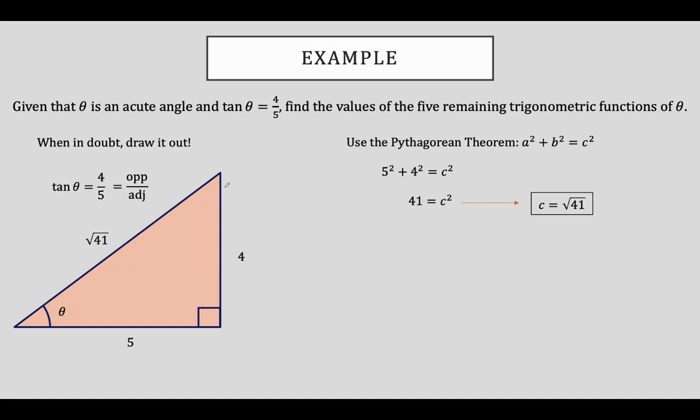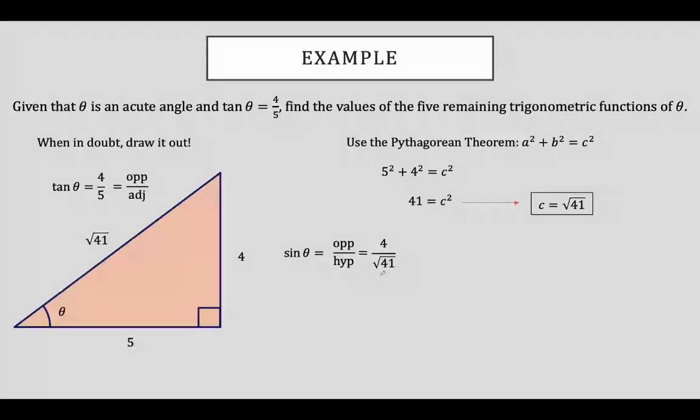And now that we have all the sides of our right triangle, we can evaluate the 6 different trigonometric functions. Let's start off with the sine of theta. Well, how do we evaluate the sine of theta? We take the ratio of our opposite side divided by our hypotenuse. This gives us 4 divided by root 41.